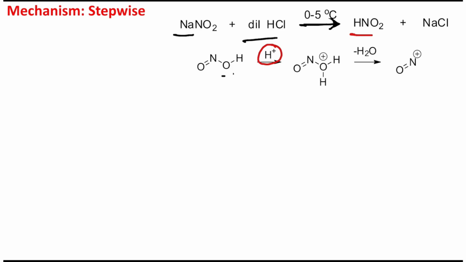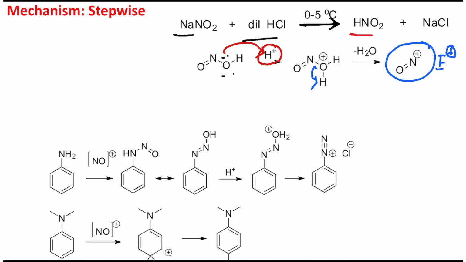First it undergoes protonation on this oxygen, and later it produces this OH2+, and this water molecule leaves because it's a neutral, good leaving group, and it produces this NO+. This is actually the electrophile for this reaction.